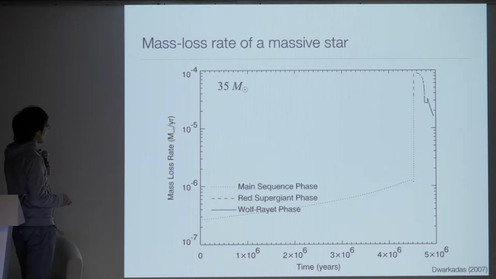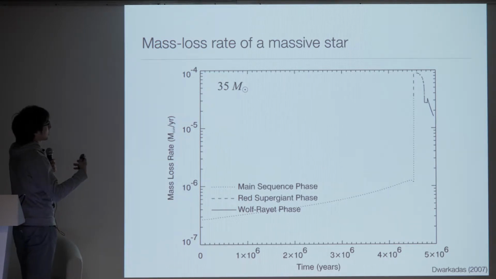35 solar mass. During the main sequence, it's between 10 to the minus 7 solar mass per year and 10 to the minus 6 solar mass per year, and it gets slightly higher. Then as the star expands, at this phase it stops burning hydrogen and goes to red supergiant, and that's why the mass loss rate increases and gets close to 10 to the minus 4 solar mass per year.